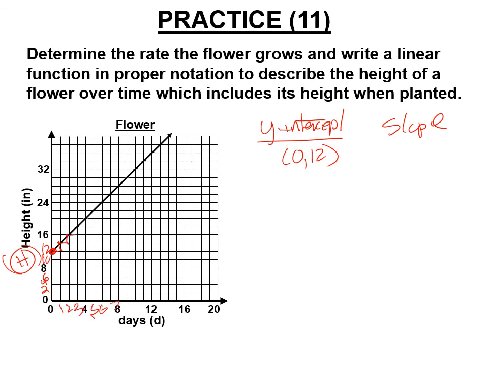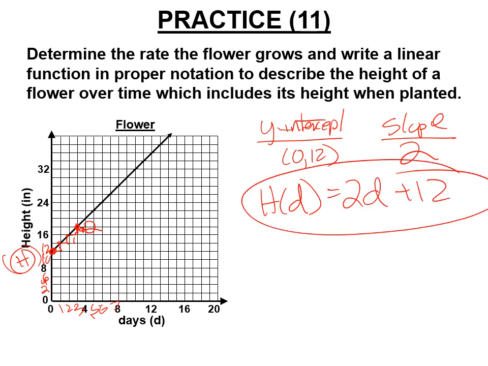So every intersection is good. So it looks like a slope of 1, but it's not, right? It's a slope of 2 because each box is worth 2. We're doing H of D. The height is a function of the days this flower has been growing. Equals 2D plus 12. Please get in the habit of using the letters that are provided. Do not use Y and X for this.